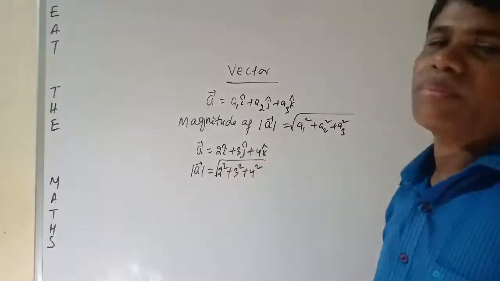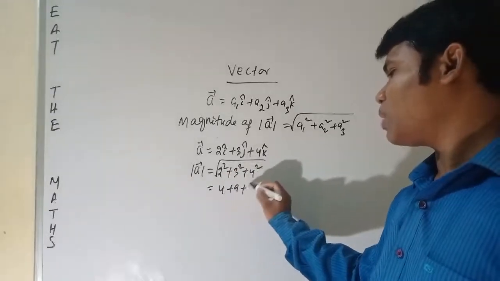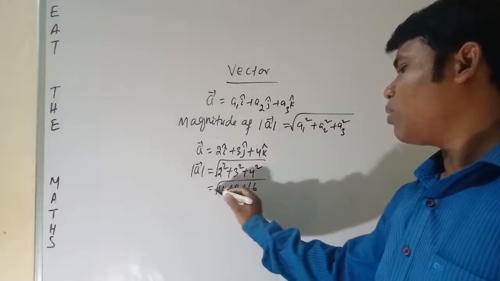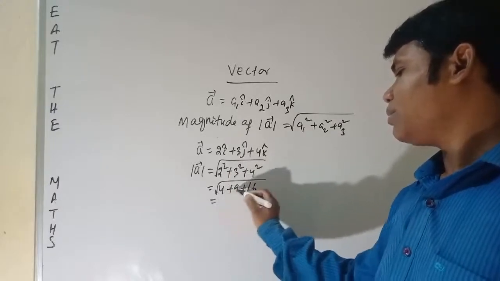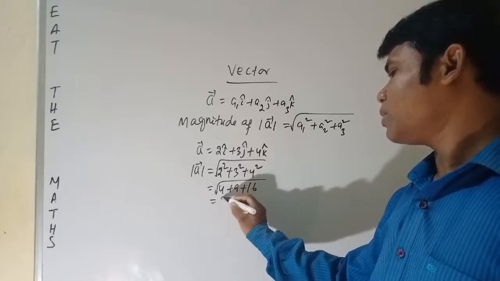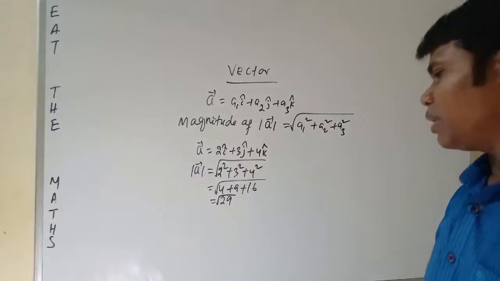Okay, that means 4 plus 9 plus 16. 4 plus 9, 13, 13 plus 16, that is 29, root 29.